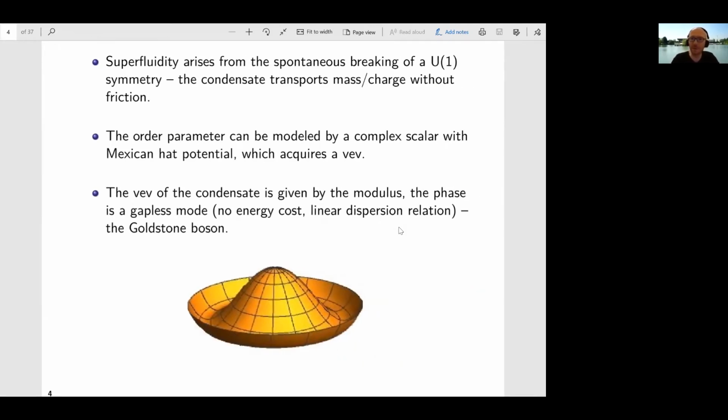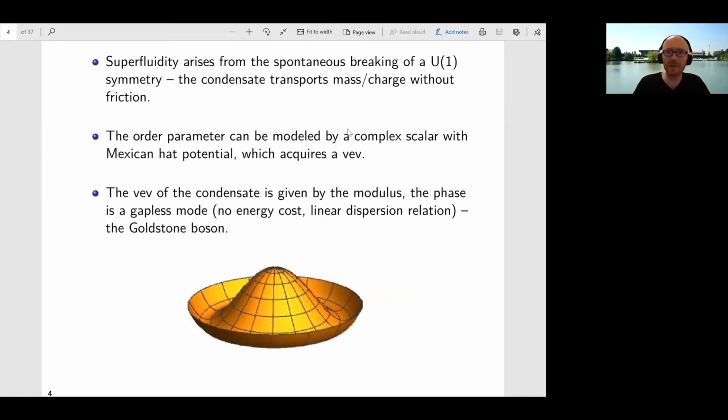So, as you probably very well know, superfluidity arises from the spontaneous breaking of a U(1) symmetry. The condensate transports mass and charge without friction. And we can model this order parameter, usually with a complex scalar that has a Mexican hat potential that acquires a VEV.